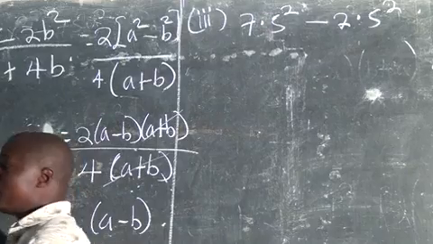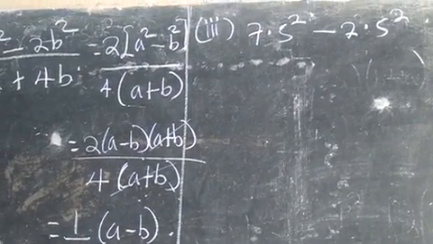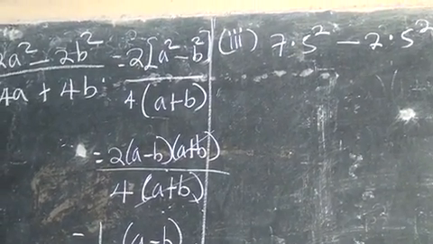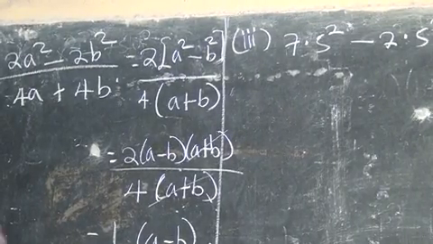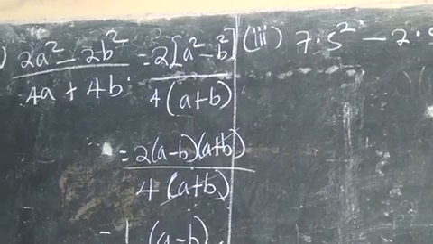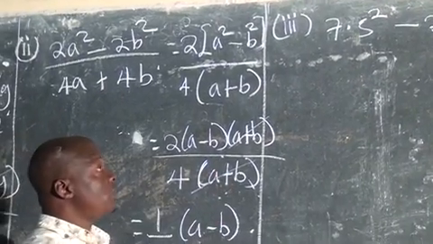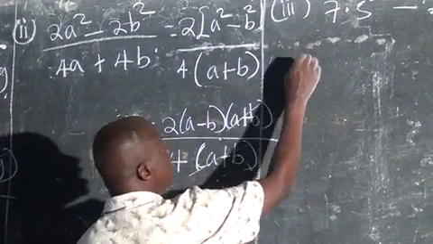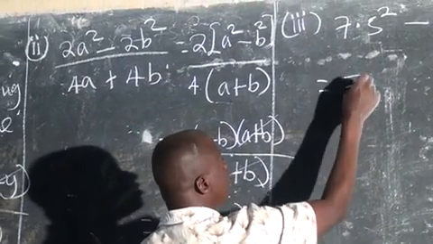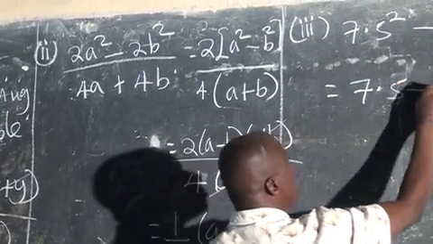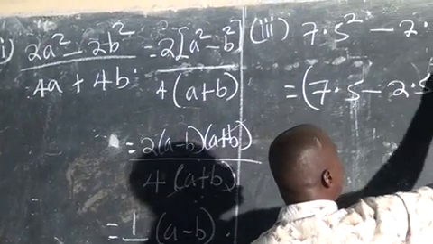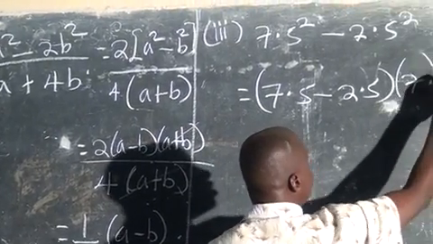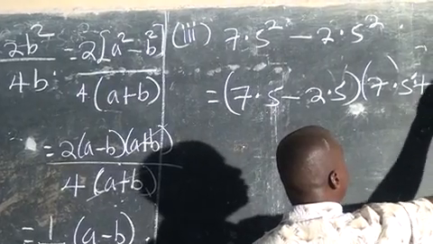We simplify as far as possible. The master says without using tables or calculator, if you find a question of that form, here is the application of difference of two squares: 7.5 minus 2.5, then 7.5 plus 2.5.